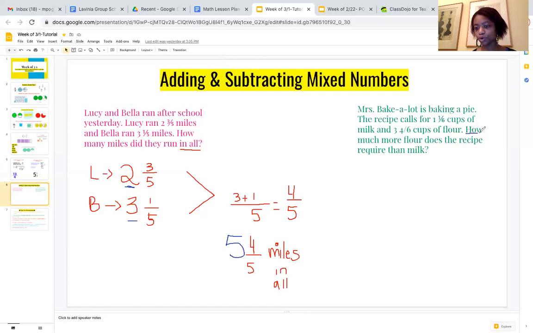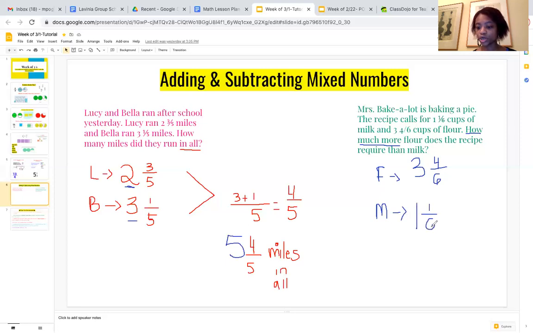So how much more in this case is going to suggest subtraction. So how much more flour does the recipe require than milk? So let me start with the flour. That amount is 3 4/6.